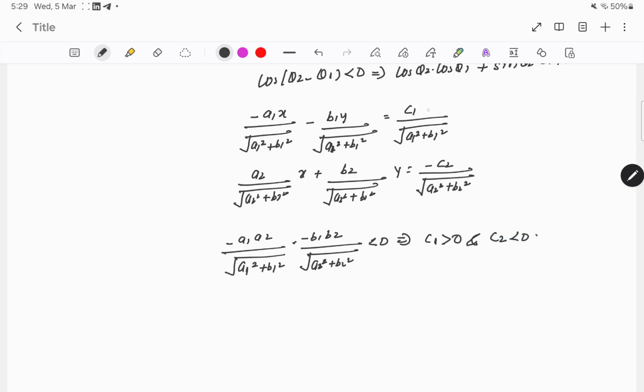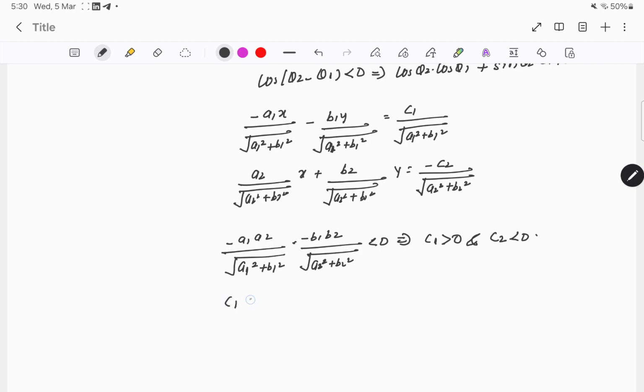Simply see here, c1 is greater than 0 and c2 is less than 0. See here, if the product of these two, minus a1 a2 by square root of a1 square plus b1 square into minus b1 b2 by square root of a2 square plus b2 square, is greater than 0 when c1 is greater than 0 and c2 is less than 0.